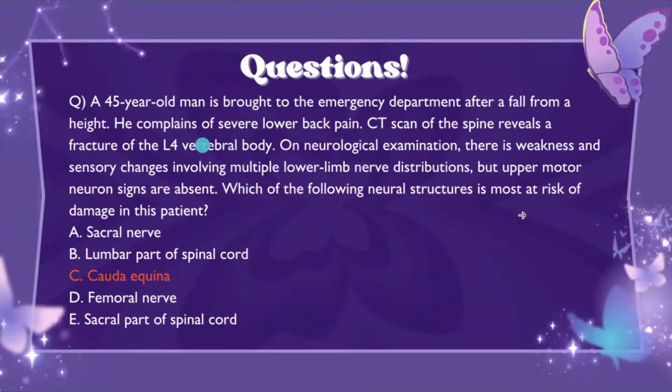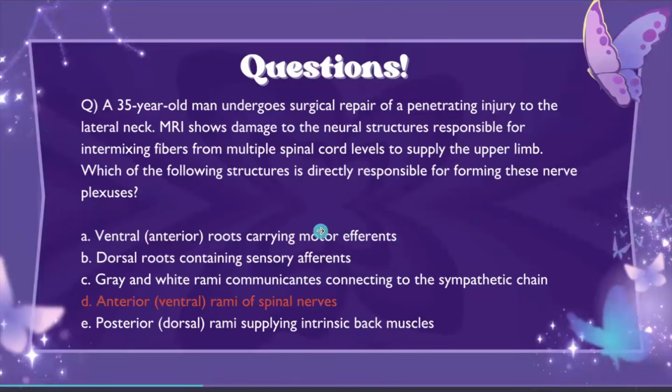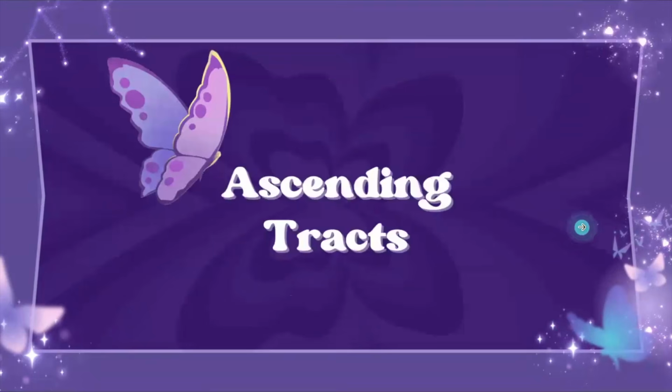And this was at the level of L4. We said that the anterior rami of spinal nerves would form the plexuses in your body. This question is very direct. They're very easy questions. Now we will be going over the ascending tracts.